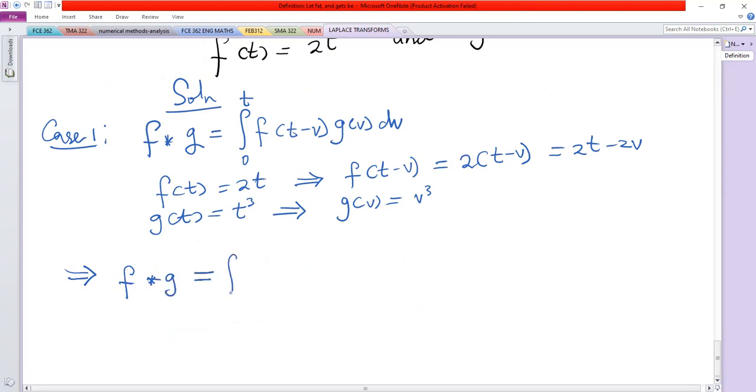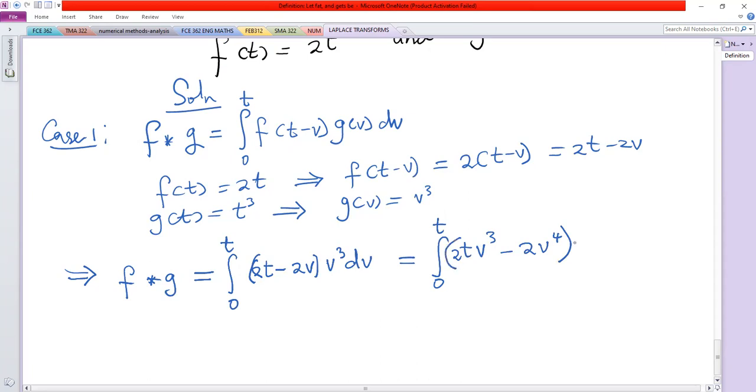would be given by the integral from 0 to t, and then replacing this we get 2t minus 2v multiplied by v cubed dv, which is the integral from 0 to t of 2t v power 3 minus 2 v power 4, and then integration is done with respect to v.